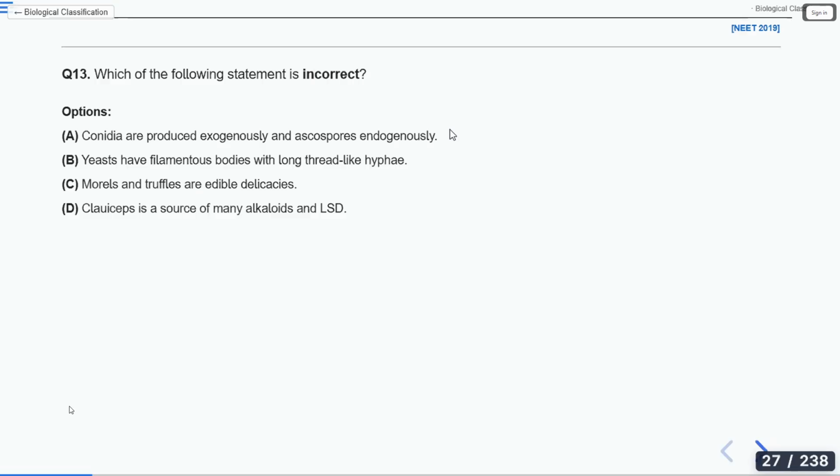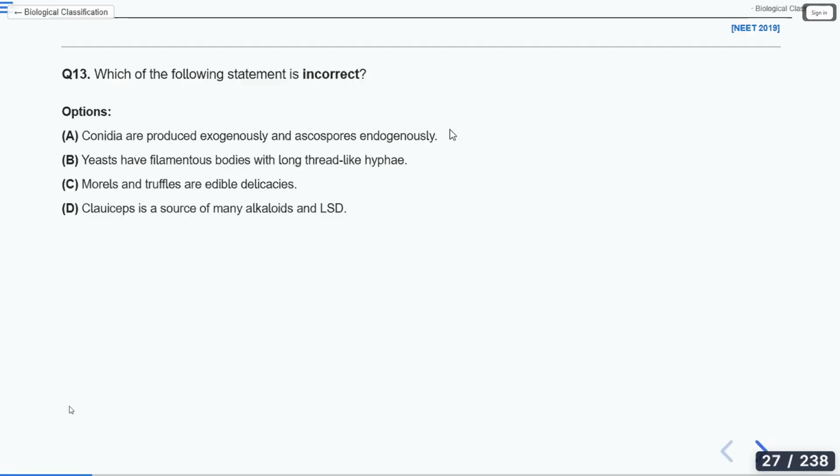So, what is the correct answer? Which of the following statements is incorrect? A is incorrect. What is A? Conidia are produced exogenously and ascospores endogenously. Okay. B. C. Many mixed answers are coming.